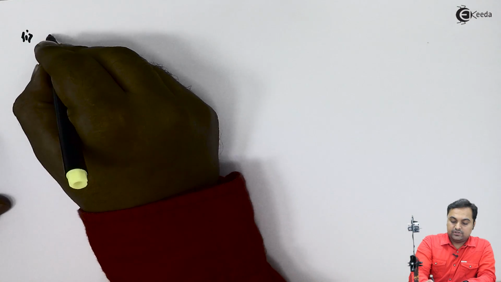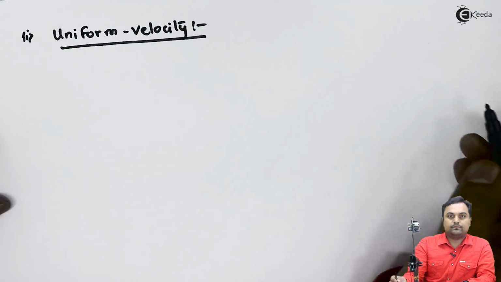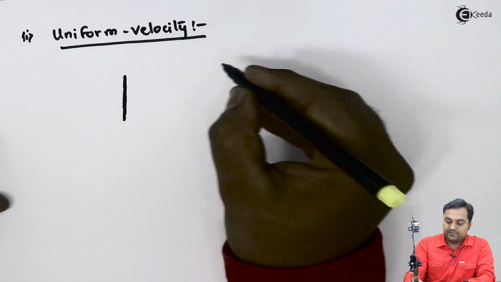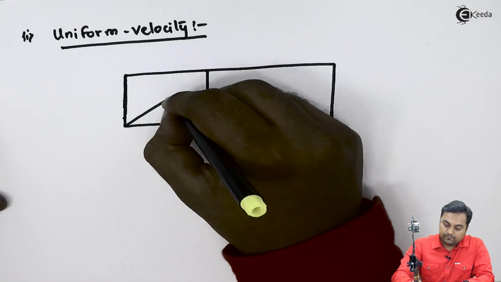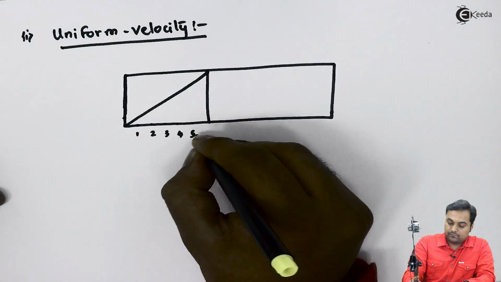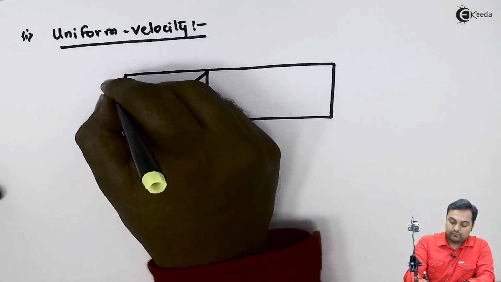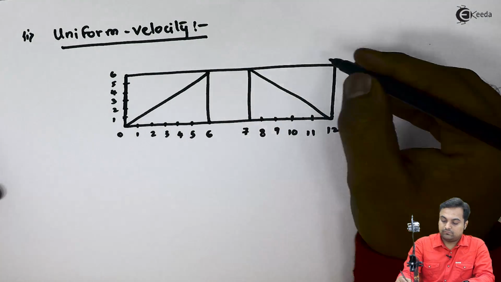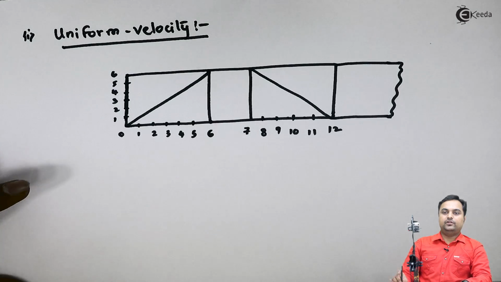The first one is uniform velocity. I will draw the displacement diagram for this. I'll explain what I have drawn here. So this is the diagram which I have for uniform velocity.